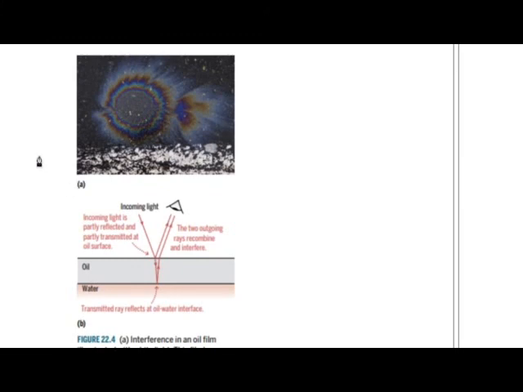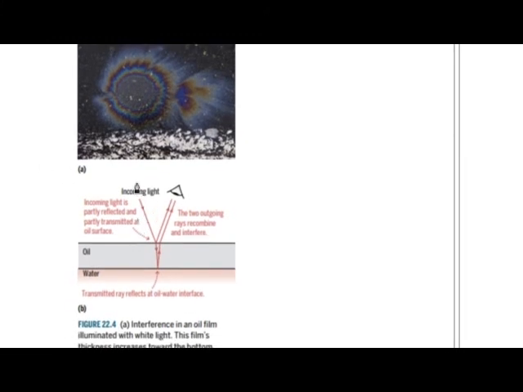What causes this is light from the sun reflects from the oil. It can reflect off the top surface, or it can be transmitted through the oil and reflect from the bottom surface. So here there's a reflection between air and oil.